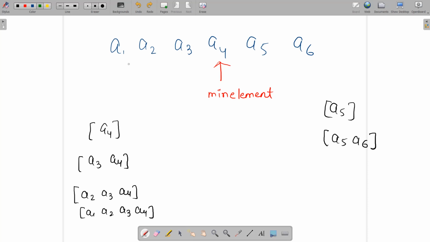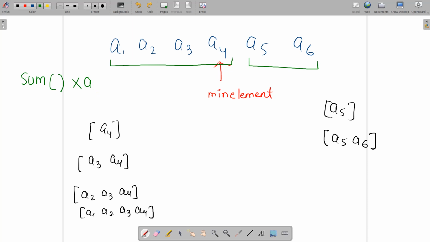So we will divide A1 to A6 into two parts, that is A1 to A4 including the minimum element, and A5 to A6. What is the reason behind this partition? It helps in finding the sum efficiently. If you are able to compute the sum of all those subarrays where the minimum element lies, we will multiply that sum with the value A4, and yes, we are done with this minimum element A4.